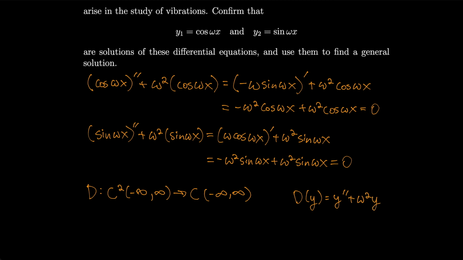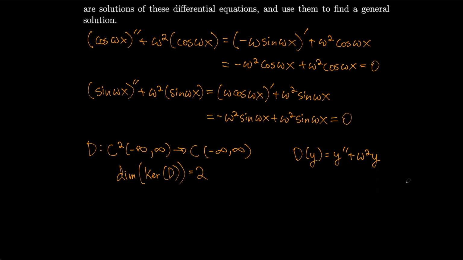And we won't prove it, but it turns out that the dimension of the kernel of D is actually equal to 2. This is proven in textbooks on differential equations. Maybe you could take my word for it. Otherwise, feel free to research if you don't.